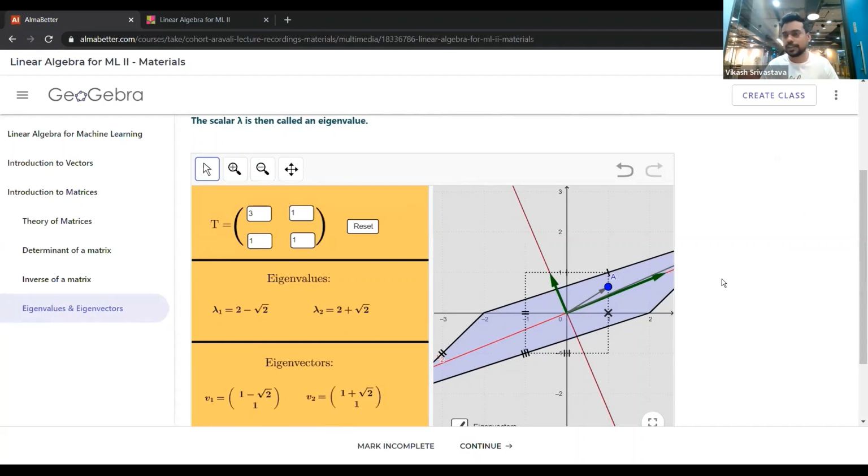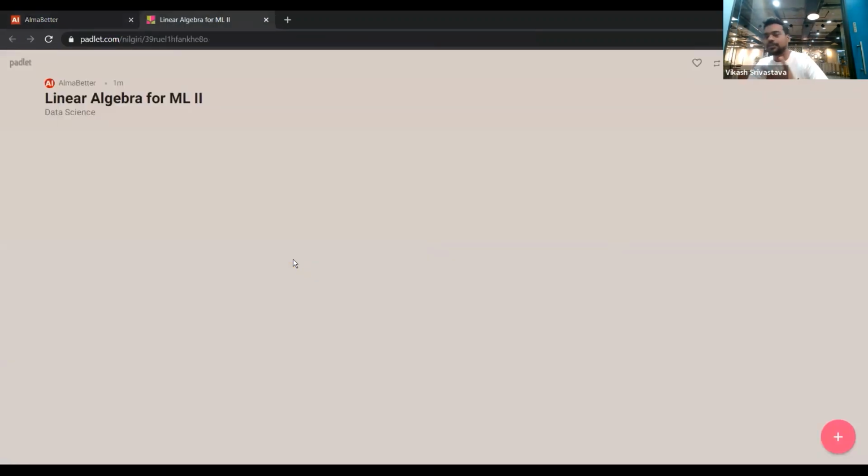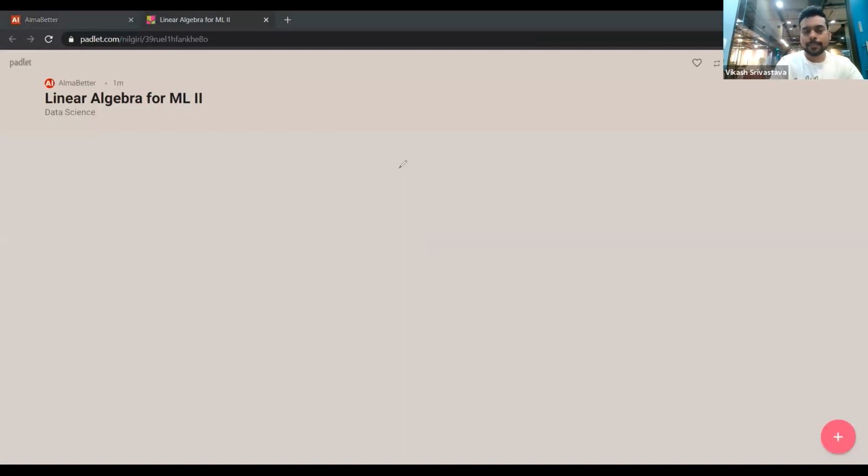I'll just discuss a basic definition of how we can calculate the eigenvalues. We are saying that Av equals lambda v.